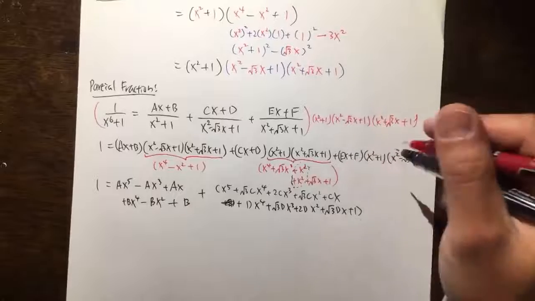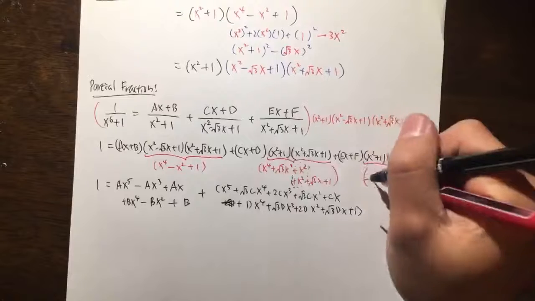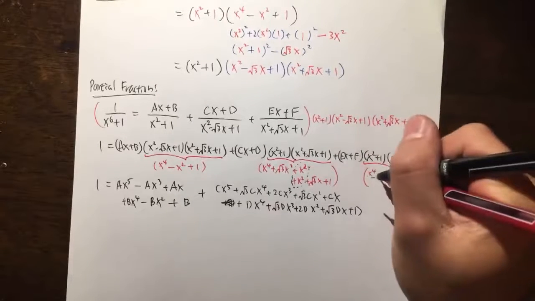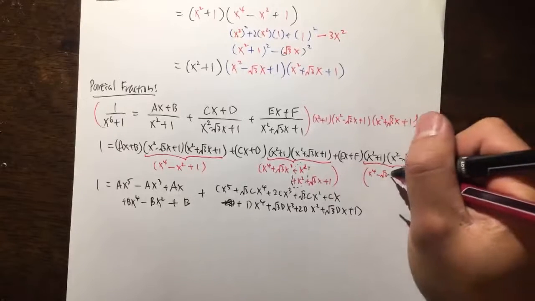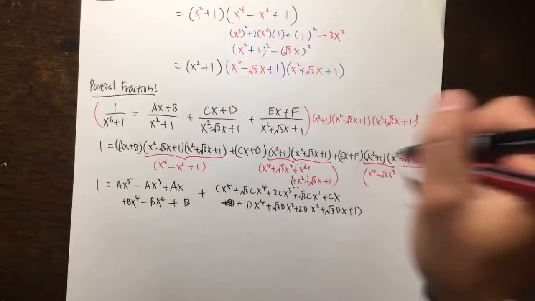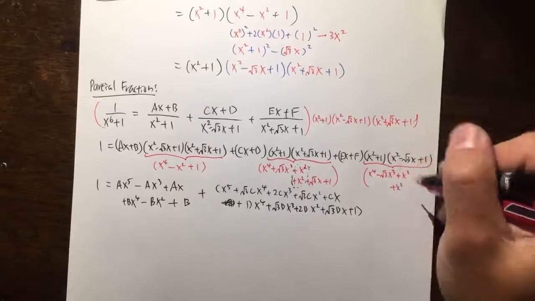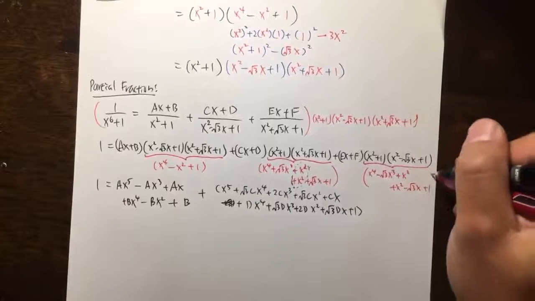All right, so this times that, it's pretty much the same thing, okay? So we will have x to the 4th power, and then times this is minus square root of 3 x to the third power, and then this times that is plus x squared, and this times that is plus x squared, and this times that is minus square root of 3x, and this times that is plus 1, like this.